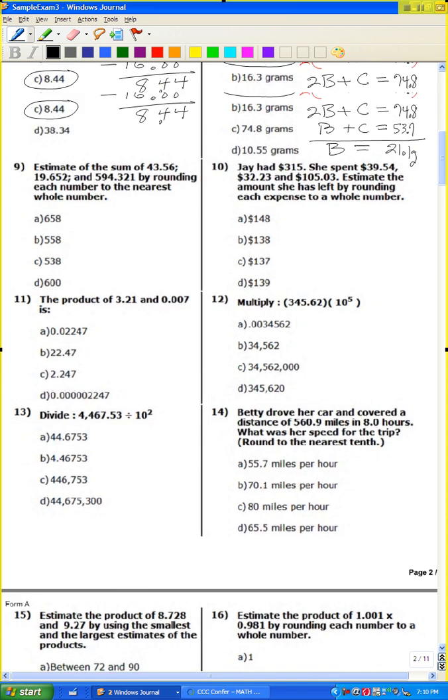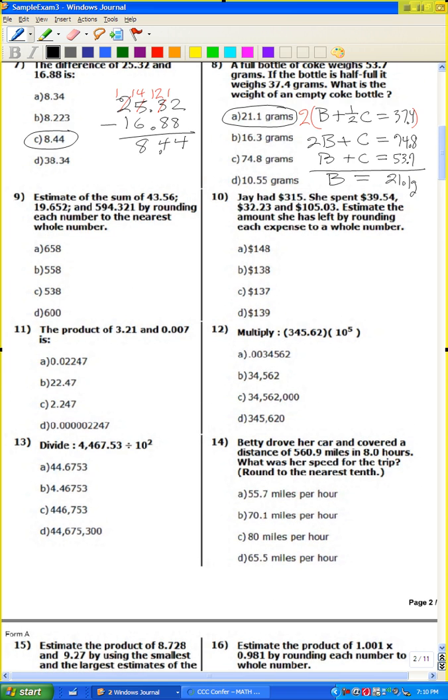Do problem 9. Estimate the sum 43.56, 19.652, 594.321 by rounding each to the nearest whole number. And so if I round each, I get 43.56 is approximately 44. 19.652 is approximately 20.